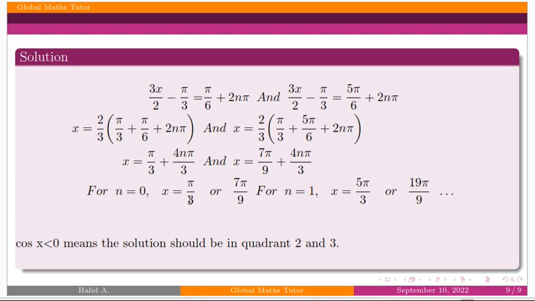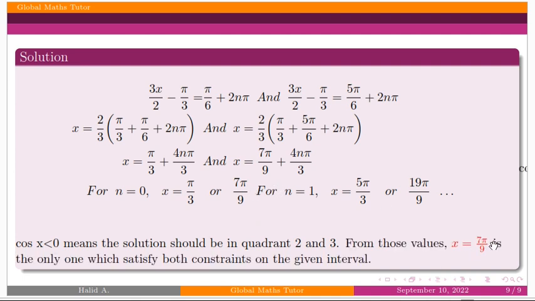This one, pi over 3, means 60 degrees, it is in quadrant 1. 7 pi over 9 is greater than 90 degrees and also less than 180 degrees, so it is in quadrant 2. This one, 1.33 pi, is in quadrant 4, and this one is not in our domain. So from this list of solutions, the only solution is 7 pi over 9.